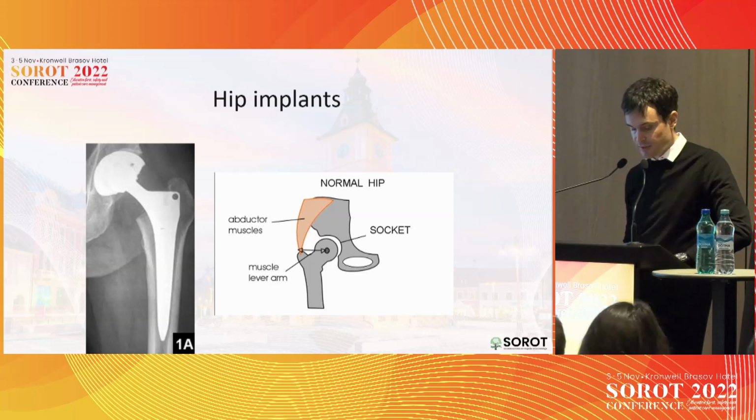Increasing femoral offset increases the lever arm to the abductor muscles and decreases the joint traction forces, reducing the abductor force required for normal gait, but the disadvantages are that it increases the strain on the implant and increases the strain on the medial cement mantle.